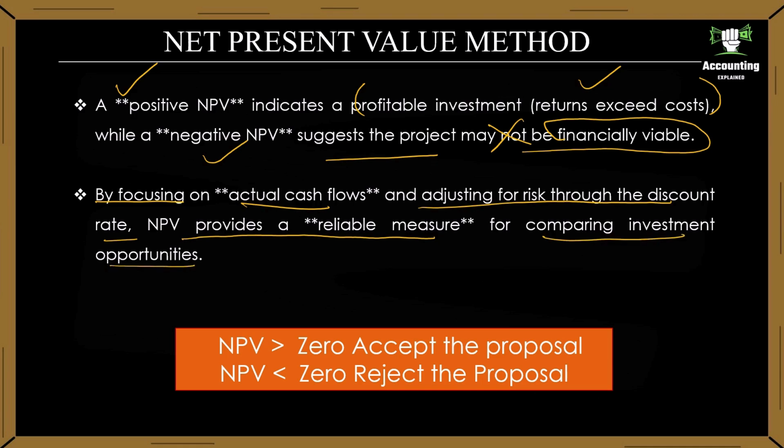So NPV can be considered the most reliable measure because it considers only the actual cash flows and it takes into account the discounting factor, that is the risk factor, that is the cost of capital which you are using. So here the rule is, if NPV is greater than 0, accept the project. If NPV is less than 0, then reject the project.